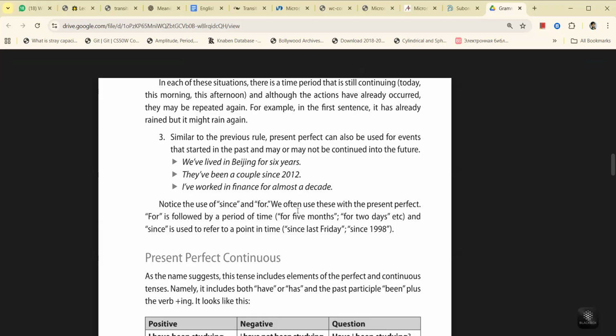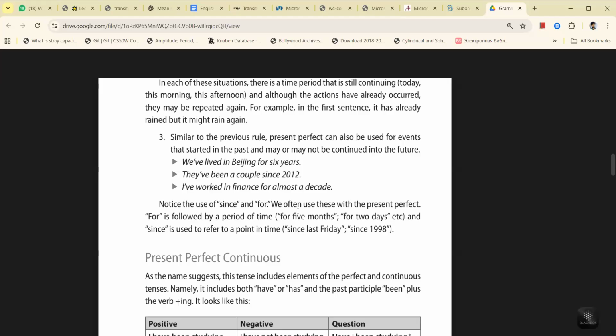So here you see that example: he has been living for 6 years in Beijing and we're not sure about the future. They have been a couple since 2012, a past action from 2012 that continues into the future. Maybe they are still a couple or not.